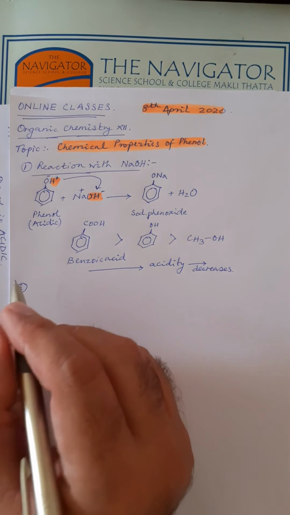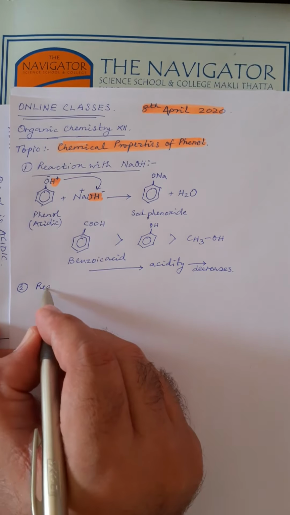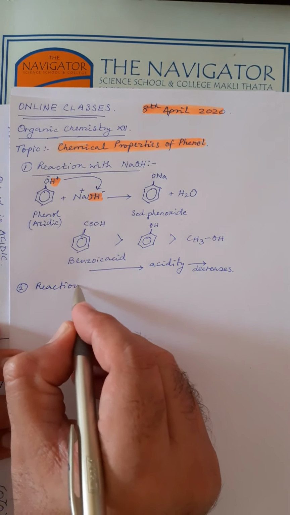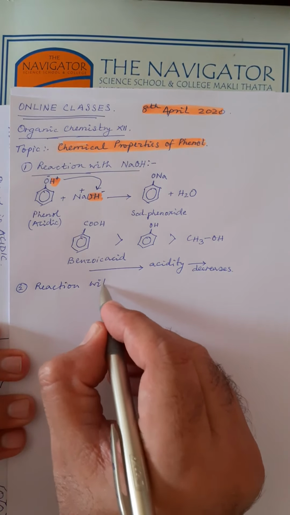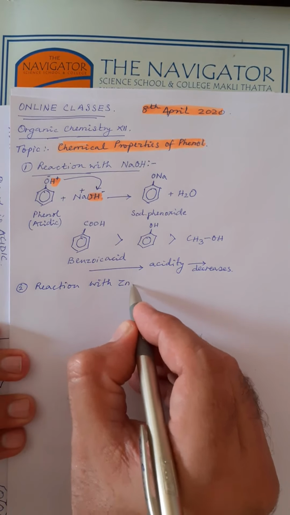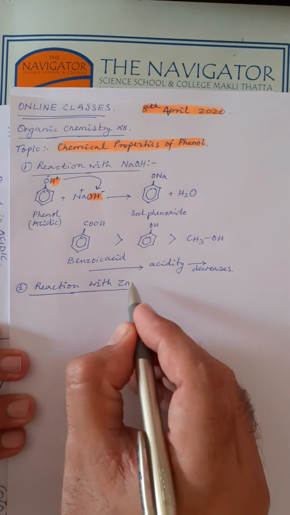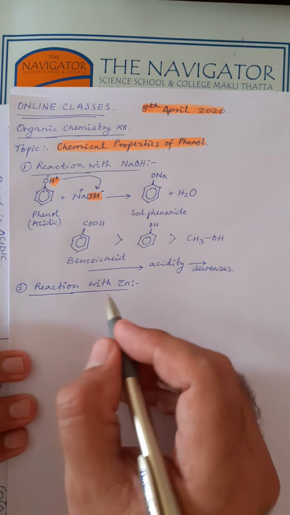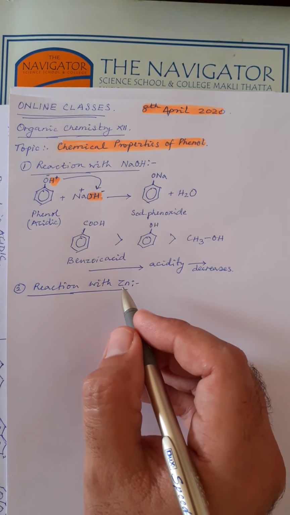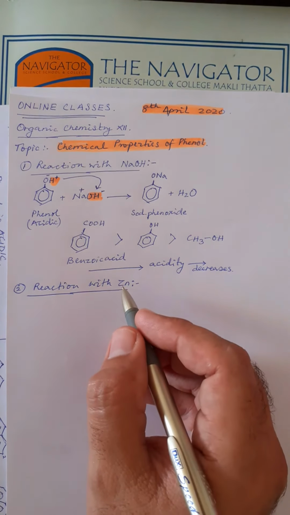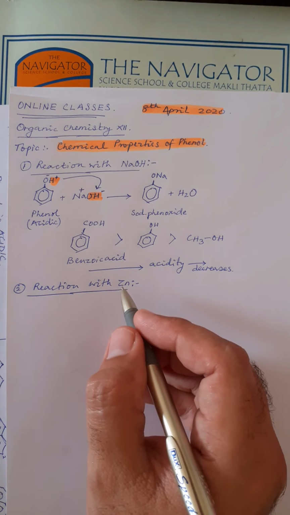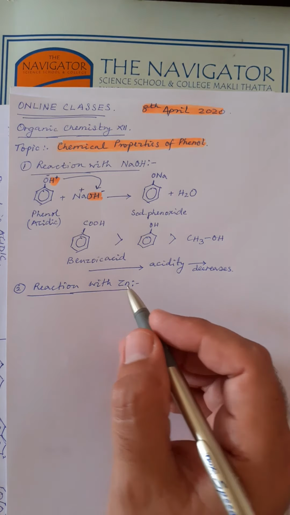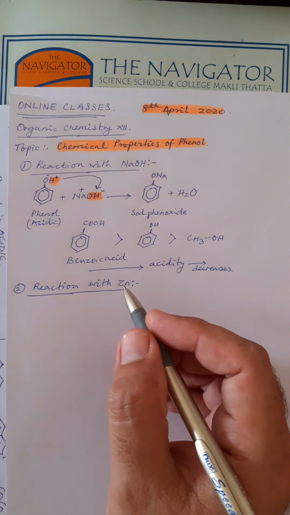The second reaction that I want to discuss is how phenol reacts with zinc. You know we have discussed this already: with zinc, phenol converts to benzene. But you can take zinc as lumps, chips, as dust or powder, or as pieces of metal.